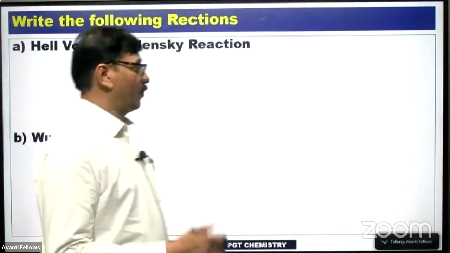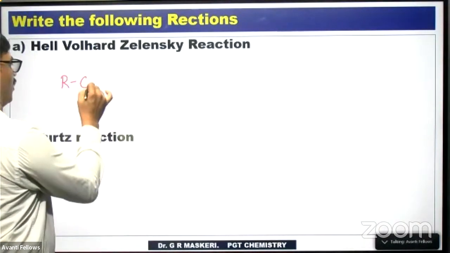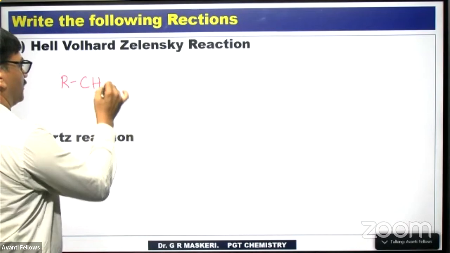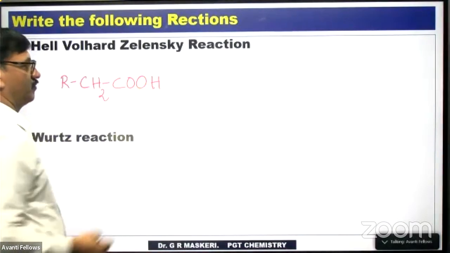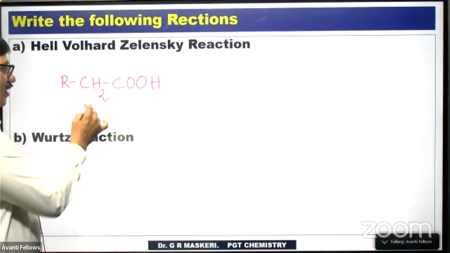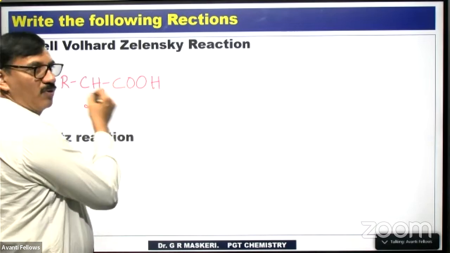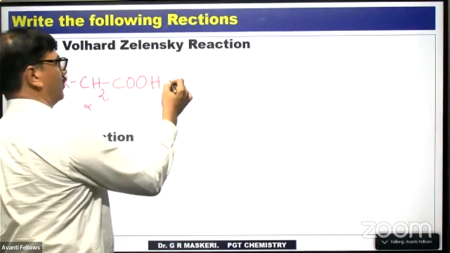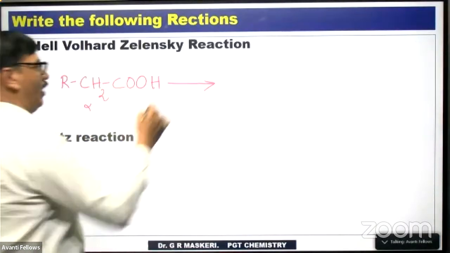Okay, so it is a property of carboxylic acid means it should be of this type, right? This is a carboxylic acid. This is the alpha carbon, the carbon next to the functional group. So in this carbon, the hydrogen is replaced by halogen.